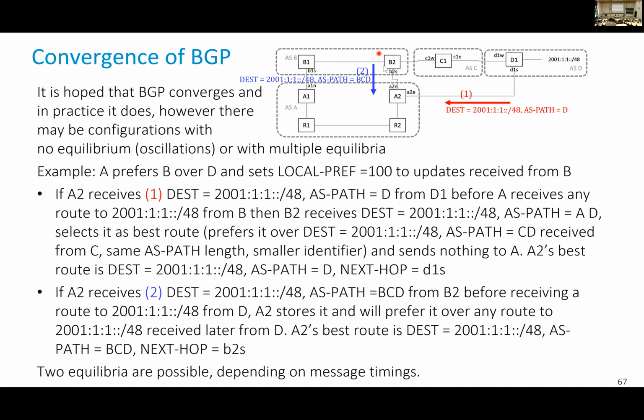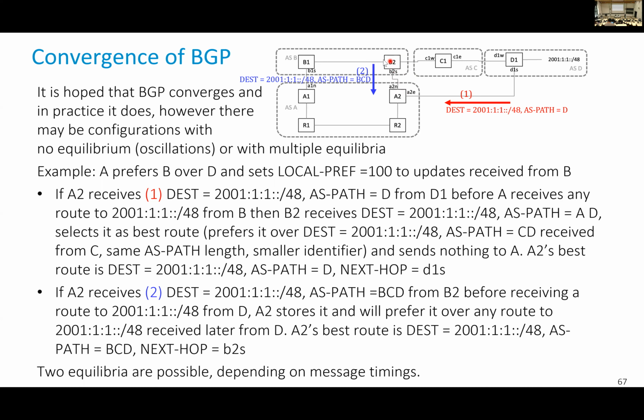Now, B2 will receive other announcements via C to the same prefix, and they are via AS B C D versus B A D. Same AS path length, everything is the same. So depending on whatever tie-breaking rule there is, for example, if we use simply the BGP identifier, it is possible that B2 decides that the route from A2 is the best. So B2 keeps this as the best route to this destination.